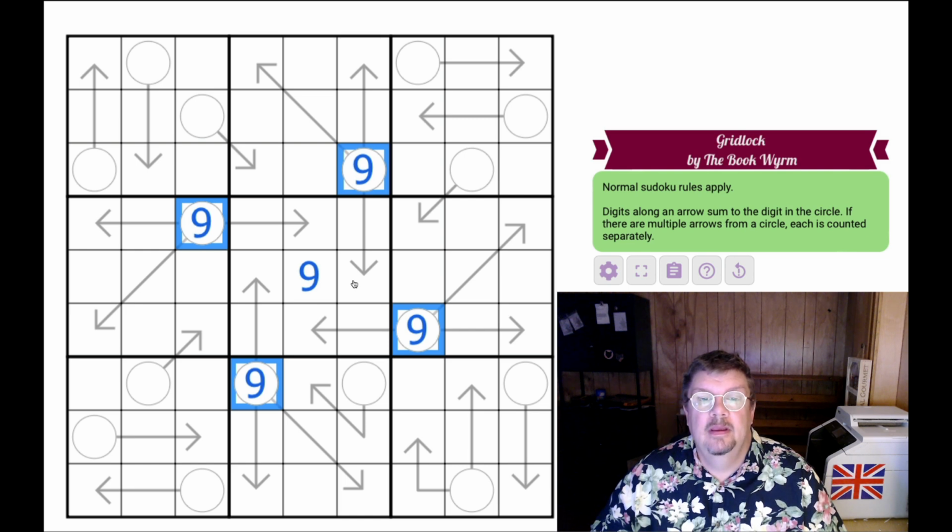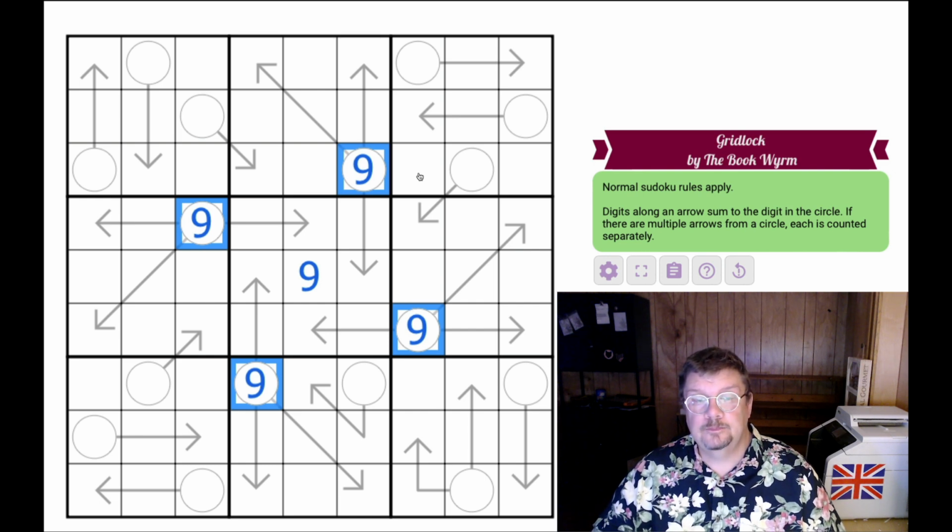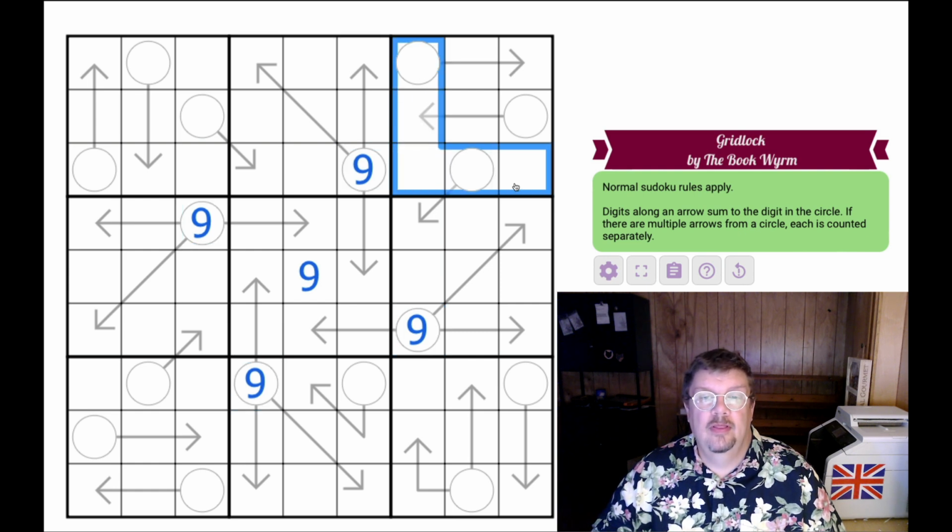So it looks like we've got something going on with 9s. Can we do anything more and put them into the corner boxes? Yes, I think we can. So by Sudoku, 9s don't go there, and 9 does not go here or here or here because of their 2-digit arrows.